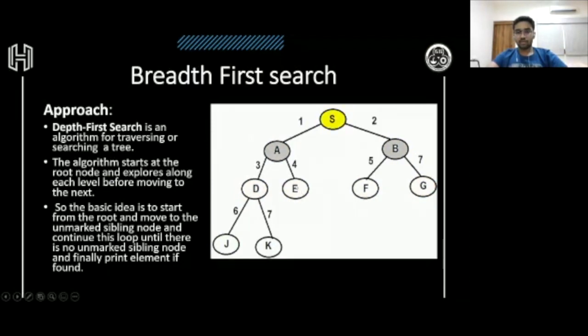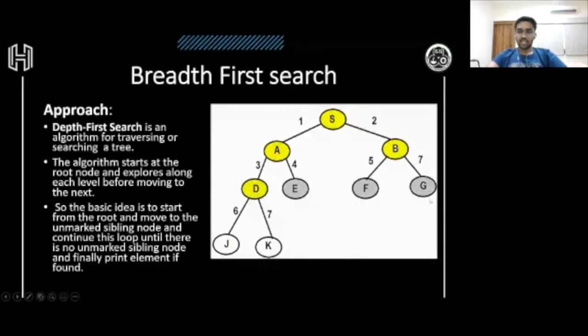So you move, backtrack, you see A, and you see that yes, A has a sibling. So you move to the sibling, you check siblings, children. So B has F and B has G, but no, none of them are K. So again, now you are at G. So this level is also done. So now you check G has no children, F has no children, E has no children, but D has children.